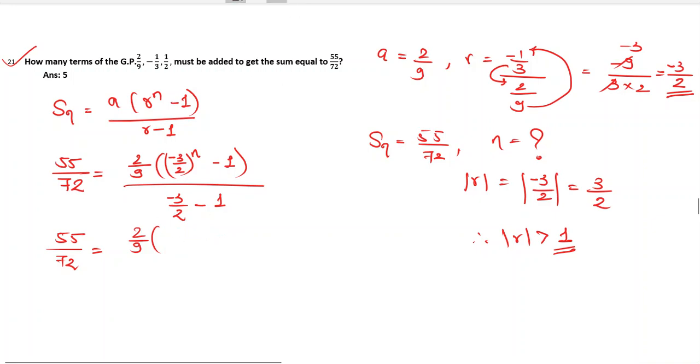The best we can do over here is minus 3 raised to n minus 2 raised to n upon 2 raised to n. Take an LCM. That's the best we can do. Right? Okay, the whole upon minus 3 minus 2 upon 2. LCM over here also.